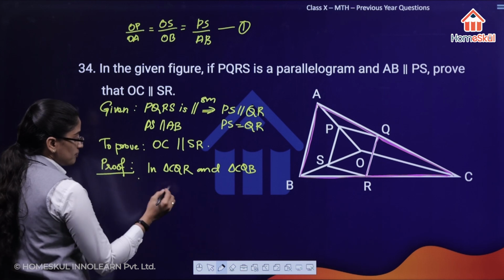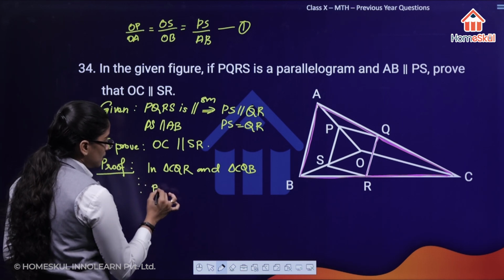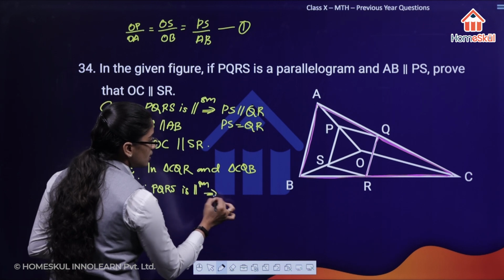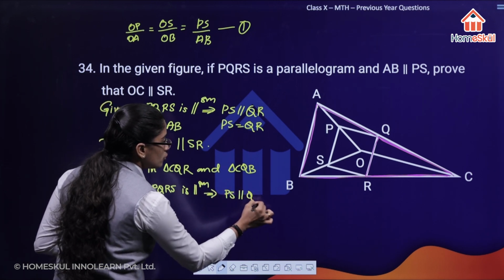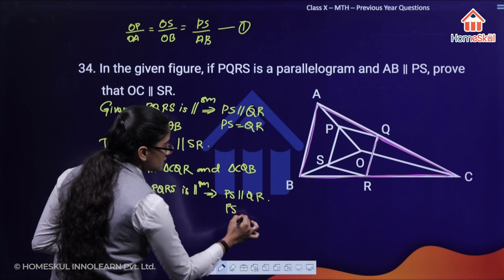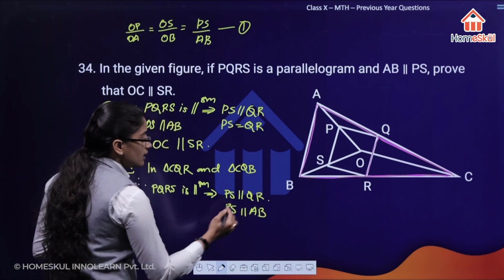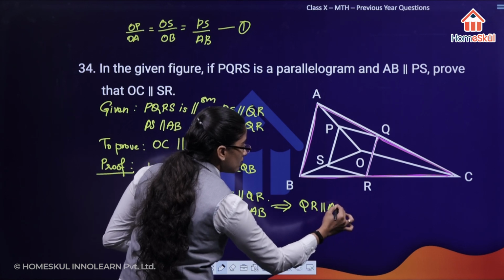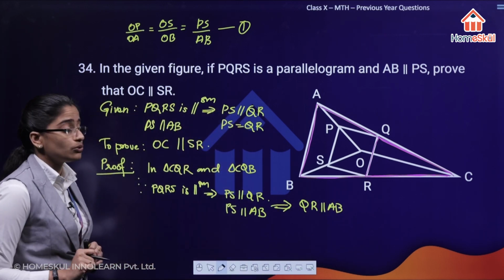Are you getting the point? Since PQRS is a parallelogram, PS is parallel to QR and PS is parallel to AB, which is given. From here, what we could say? QR is parallel to AB, right?